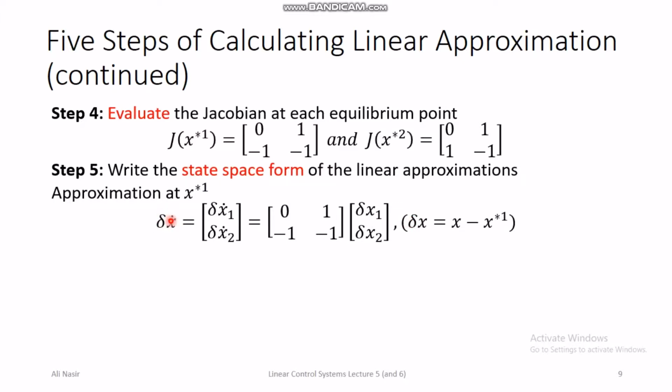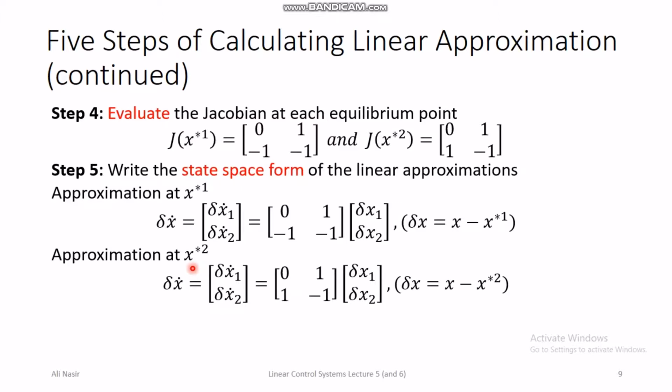So remember, whenever we do linear approximation, the new states are basically the difference between the original state and the equilibrium point. In this case, since the equilibrium point is 0 0, delta x will be equal to x. The approximation at the second equilibrium point will be the second Jacobian evaluation times x. So this will be the second linear approximation of the original nonlinear system.